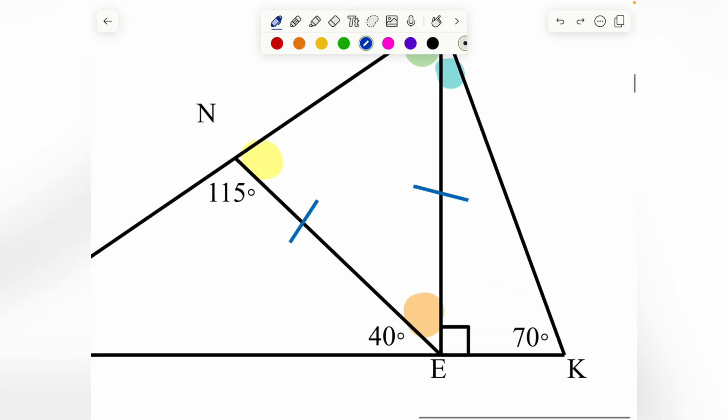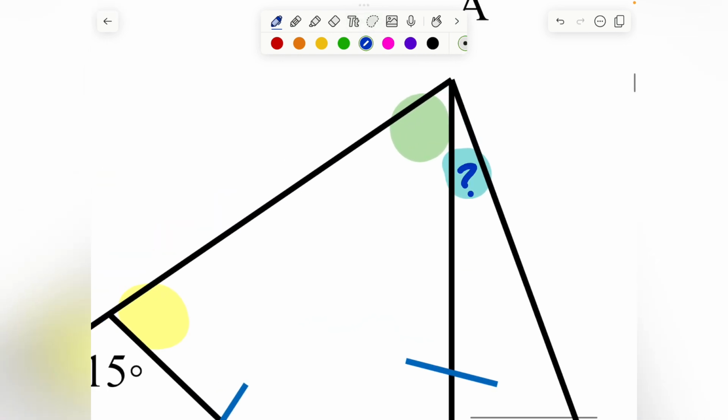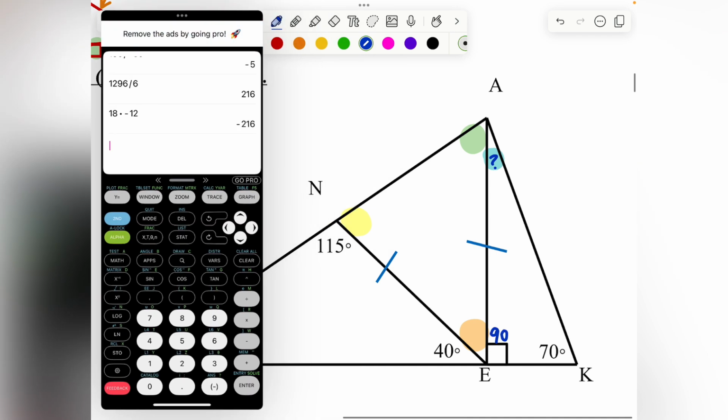Another way to think about this is that this angle is 90, this one is 70, and if we're looking for this angle, the three angles have to add to 180. So I could just do 90 plus 70, which is 160, and do 180 minus 160, which is 20.